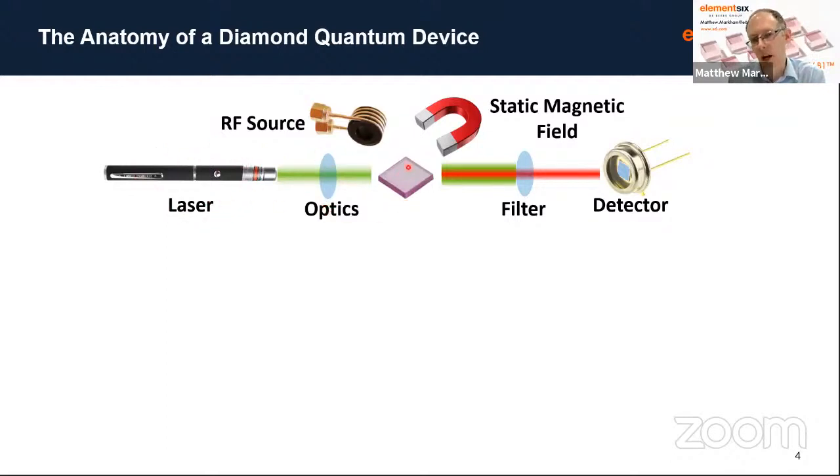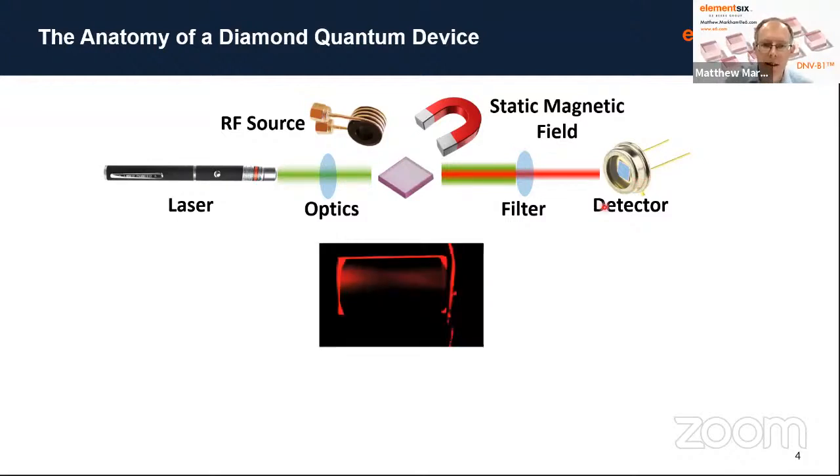You need some optics to couple the light into the diamond, and your diamond containing the nitrogen-vacancy defect. You then need some kind of RF source to apply to your diamond to manipulate the spin state. You need a static magnetic field, just to separate out the different contributions from the 4 different orientations of the NV defect. And then you just need to collect the red light coming off, so some kind of filter and detector.